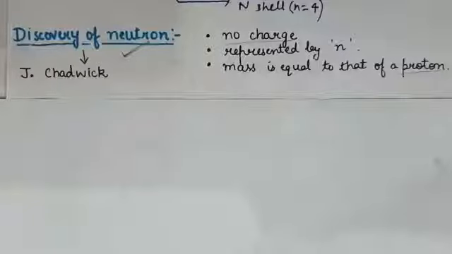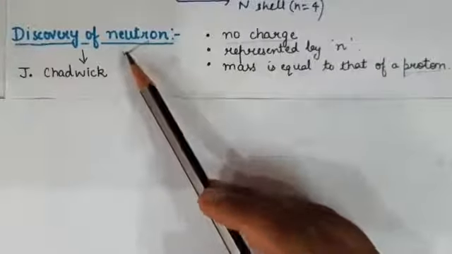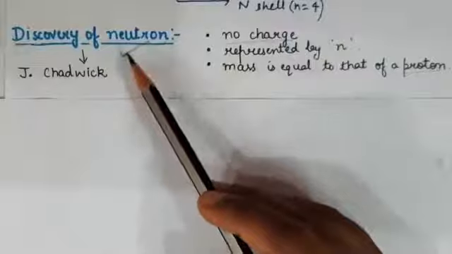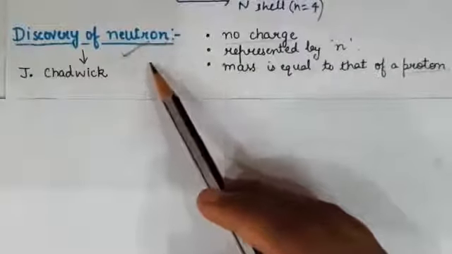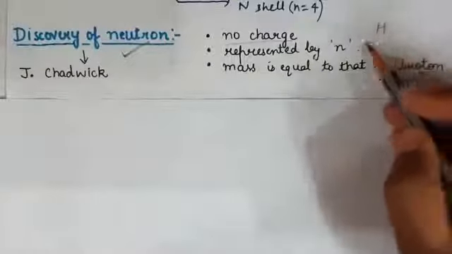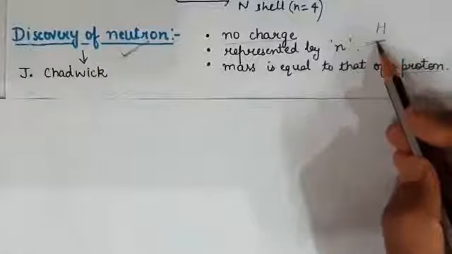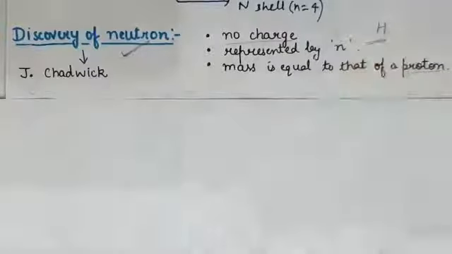So this was about the discovery of neutrons. This neutron is present in the nucleus of all the atoms except hydrogen. In hydrogen atom, neutron is not present.